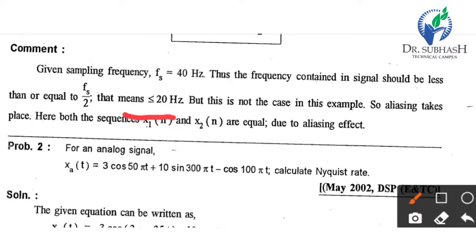So aliasing takes place. Both the sequences x1 of n and x2 of n are equal due to the aliasing effect. That is our comment on this example.